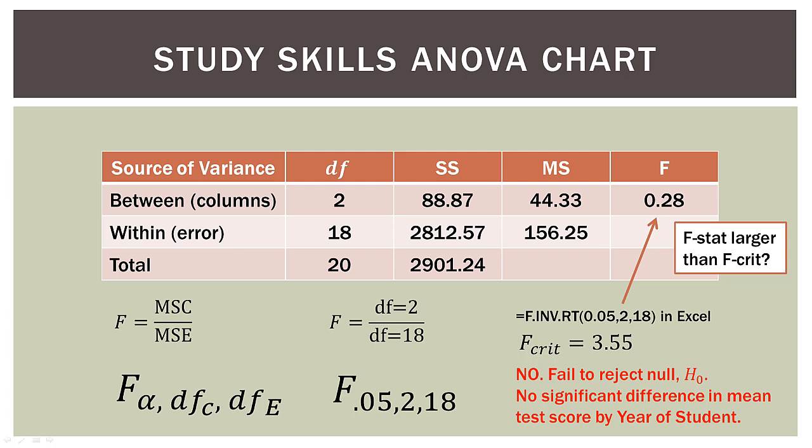So since our F statistic is so low and does not exceed the F critical value, we fail to reject our null hypothesis. So we found no significant difference in mean test score by year of student. So the means of the first year students, the second year students, and the third year students on their study skills exam did not differ significantly. And that's it.